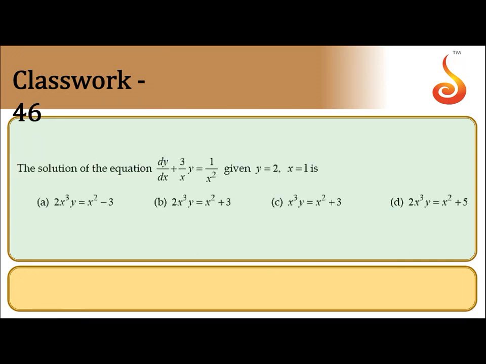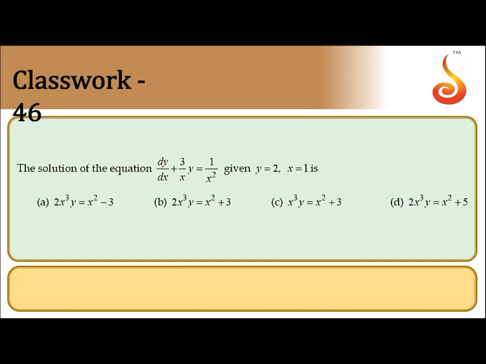Coming to the next one, dy by dx plus 3 by x into y is equal to 1 by x square, given x equals 1, y equals 2. I think you can find the derivative and simplify option-wise, or else you can apply the linear form, dy by dx plus 3 by x into y equals 1 by x square.